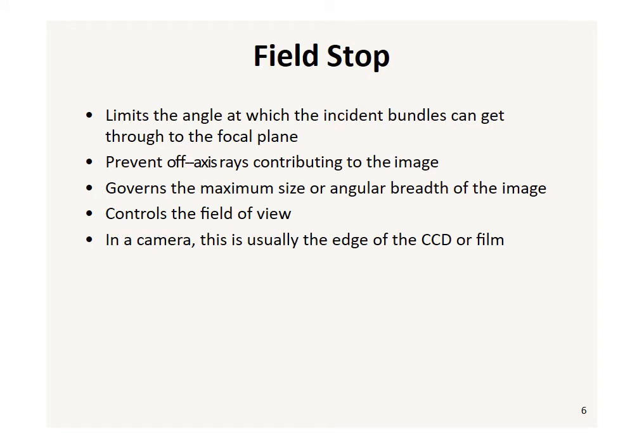On the other hand, the field stop controls the angle at which the incident light rays can get through. And it's used to prevent off-axis rays coming in at a very large oblique angle from contributing to the image. It's what decides the maximum size of the image and controls the field of view.